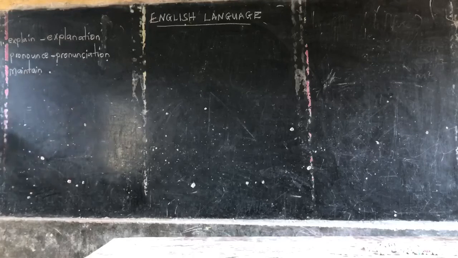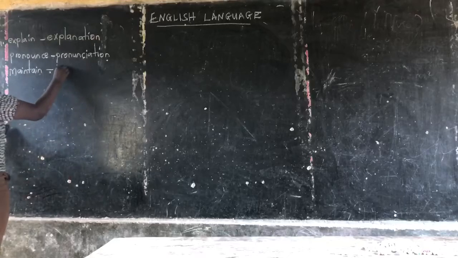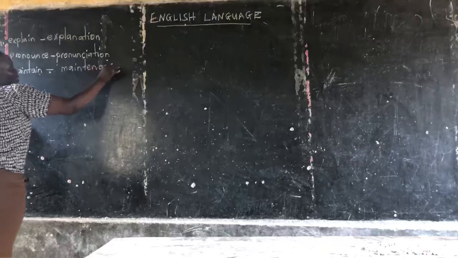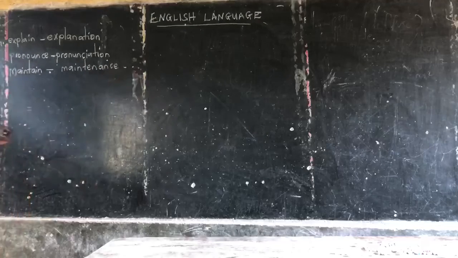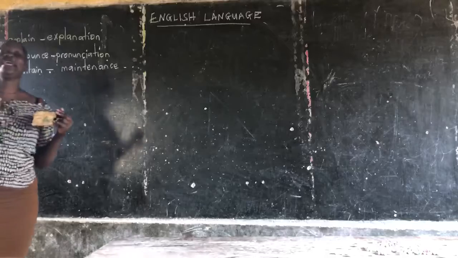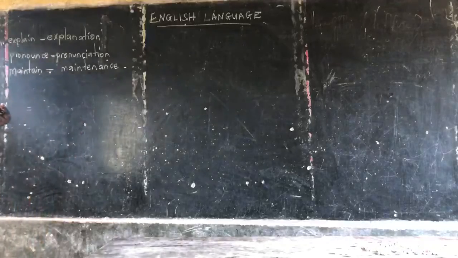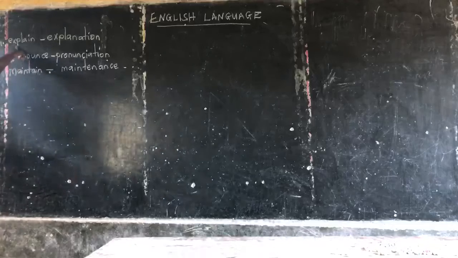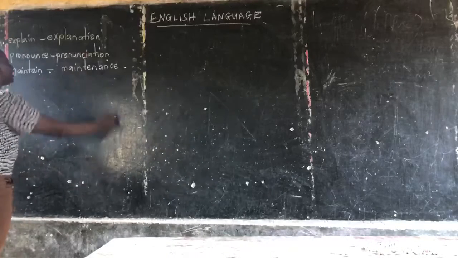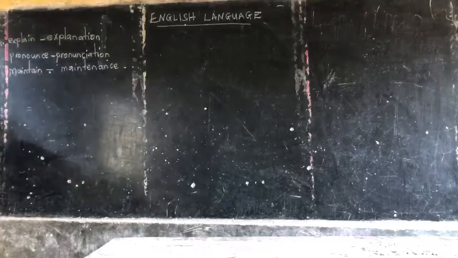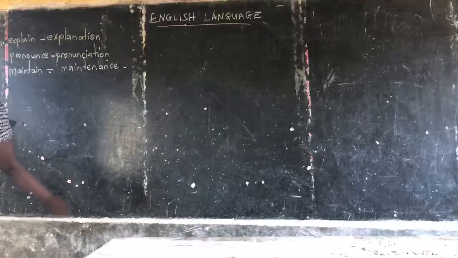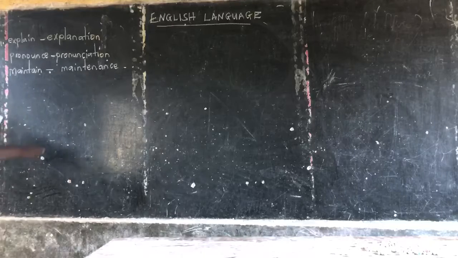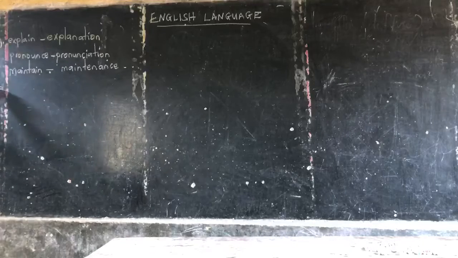You maintain something, so you are doing the maintenance. And very many others. What we should mark here is the spelling of these words. You are explaining, so you're giving the explanation. You pronounce something, you are giving the pronunciation, and when you maintain, you are doing the maintenance. Let me hope it is clear.